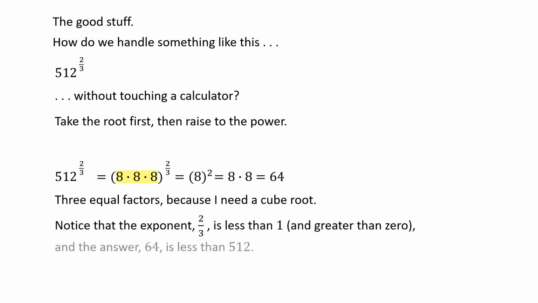Something you might notice is that 64 is less than 512, right? That exponent of 2/3 told me I was going to get a result smaller than 512 because 2/3 is less than 1. So I knew that my answer was going to be less than 512. Also make a note that while it was less than 1, it's also greater than 0. All right.